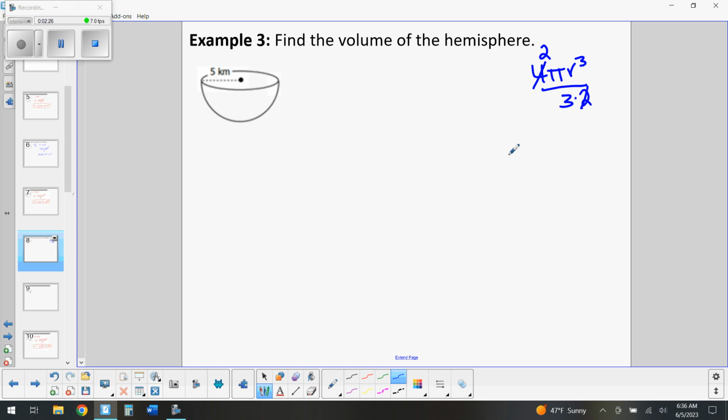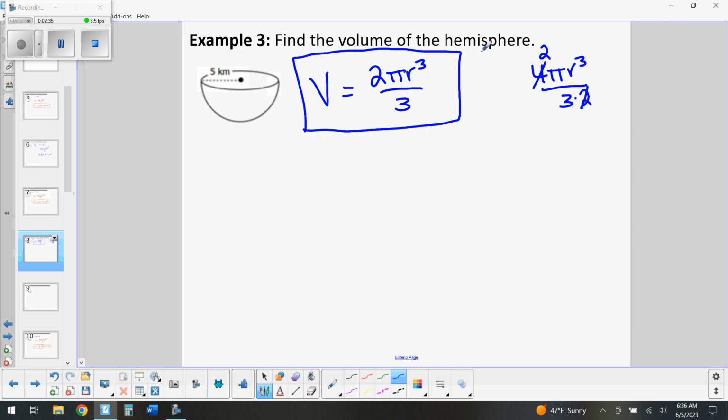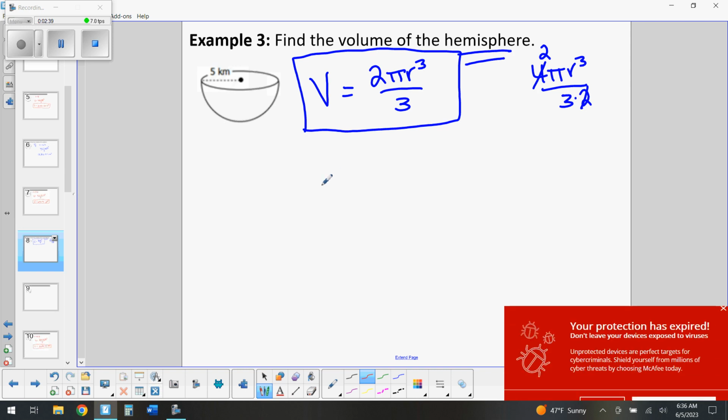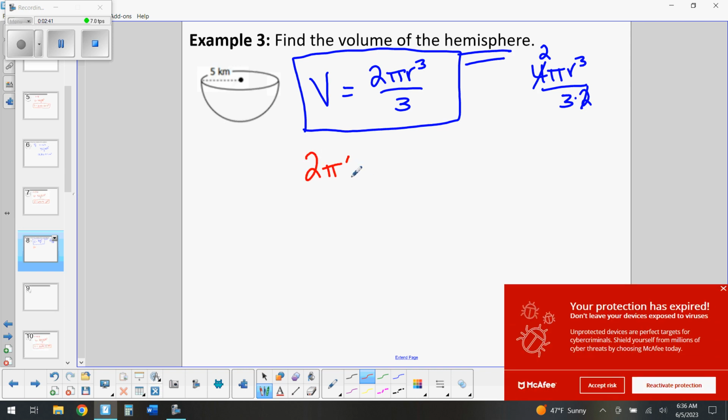So the volume of a hemisphere, the formula, is 2 pi r cubed over 3. Right, and that's for a hemisphere. So for this one with a radius of 5, we have 2 pi 5 cubed over 3, and that gives me a volume of 261.8 cubic kilometers.